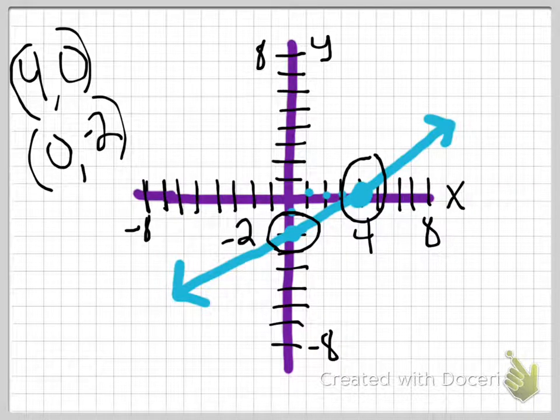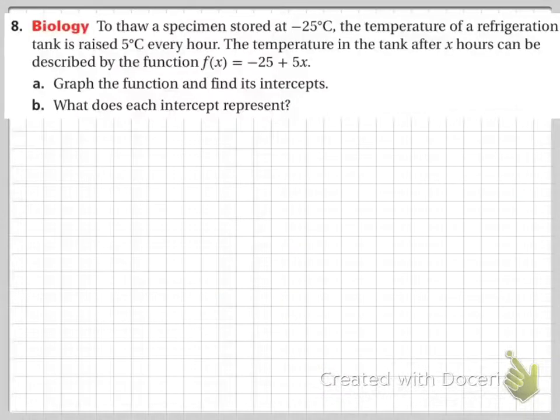All right, let's tackle a word problem. Here's our word problem. To thaw a specimen stored at negative 25 degrees, the temperature of the refrigeration tank is raised 5 degrees every hour. So they're trying to unfreeze it by thawing it.